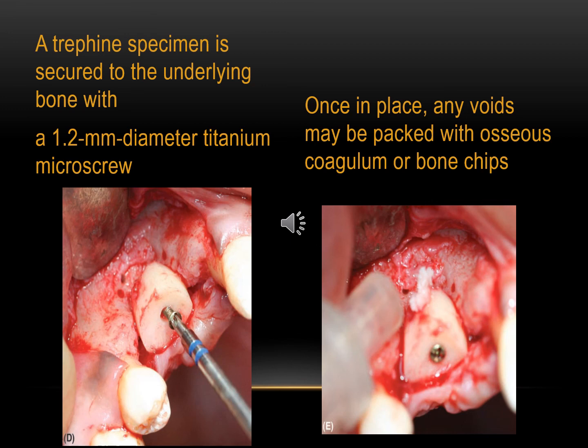The other picture shows that we start putting bone graft as granules around the bone block to fill all the deficiencies around this bone graft and to fill the bone defect completely.